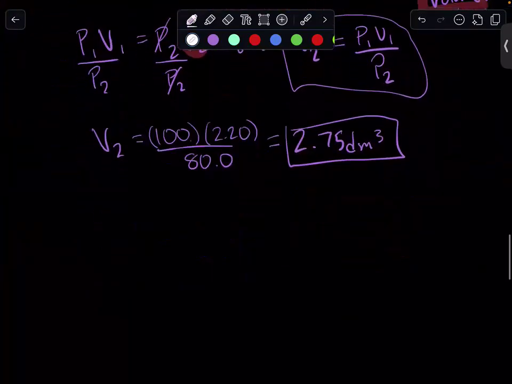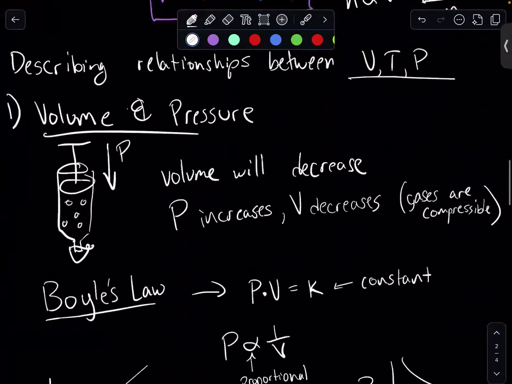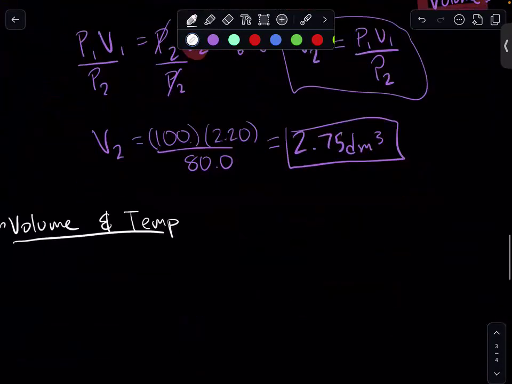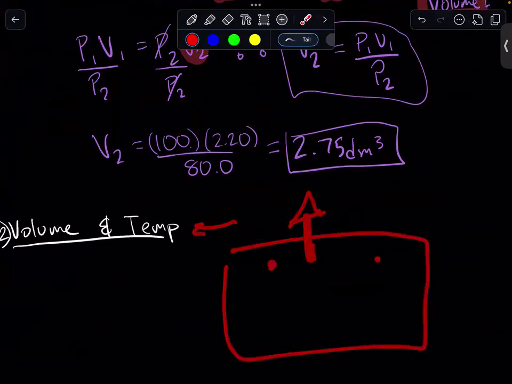All right. So with that behind us, we'll move on to a second scenario, volume and temperature. How did I do it before? I numbered it, so I'll number this as well. Volume and temperature. Before I actually get really into this one, I just want to go back to an example I used last lesson. I talked about thinking about gases like children in a room running around.